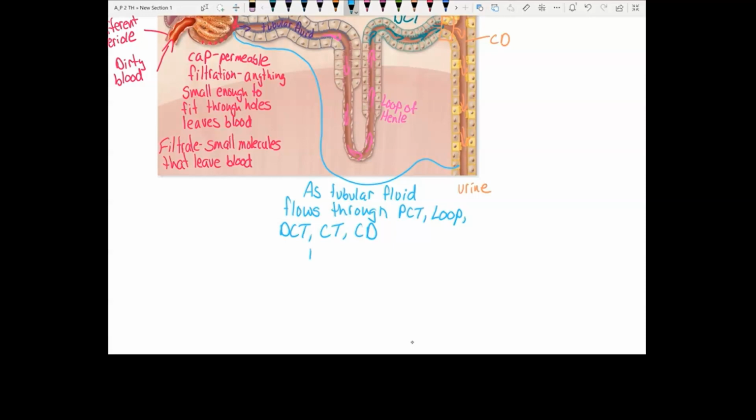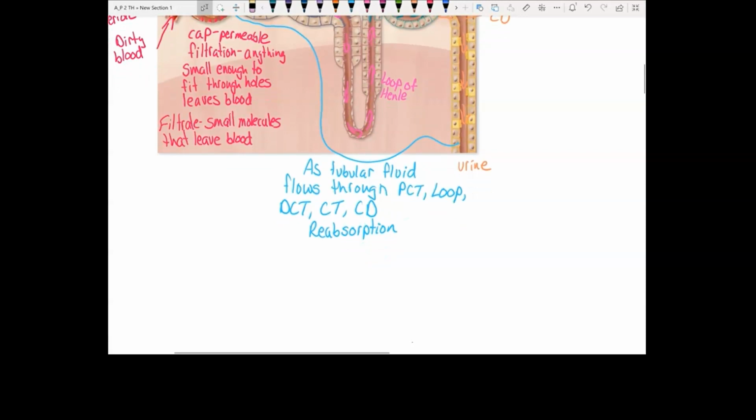You are doing reabsorption. So some of those small molecules that came out while you were in the glomerulus, you actually want to keep. So you move molecules you want to keep back to the blood.